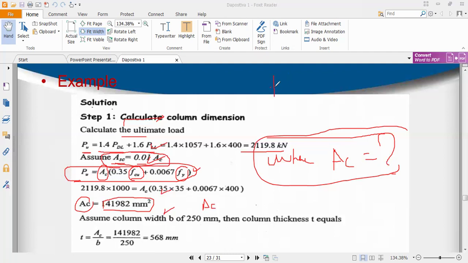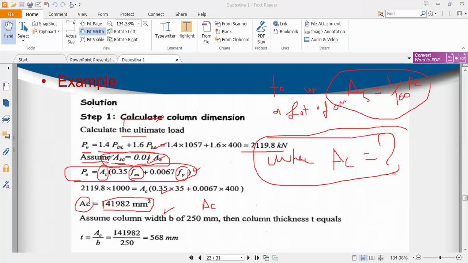To understand the design of concrete, we have a lot of assumptions, Asma, a lot of assumptions. Area steel is equal to 0.01 area C. This is an assumption only. In our exam, I give you a hint: if you have any missing information, you can assume.